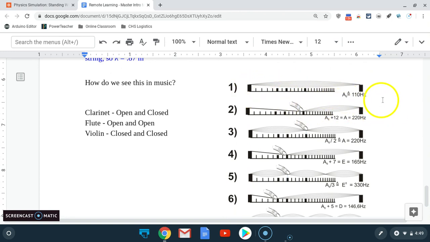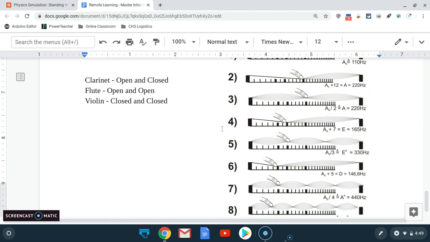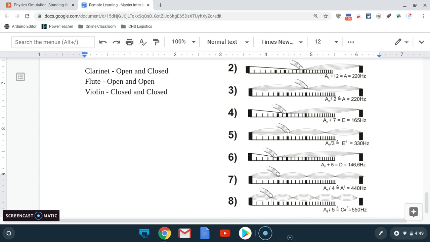The lowest note, the fundamental frequency, 110 hertz, you can see right there, is just that big half wave. Then depending on where you put your finger on the string, you can affect what the wave looks like, and you can produce different sounds based off of that.